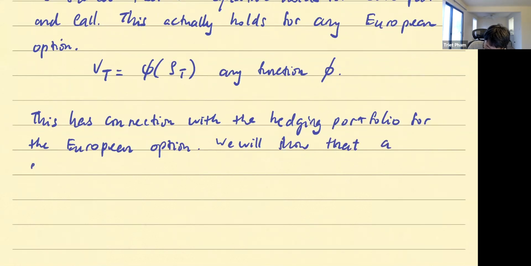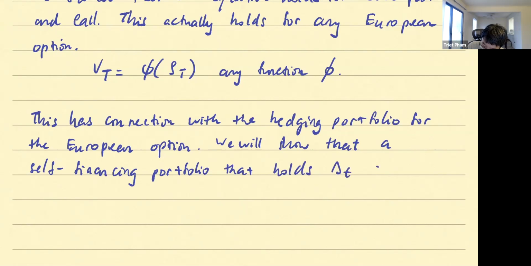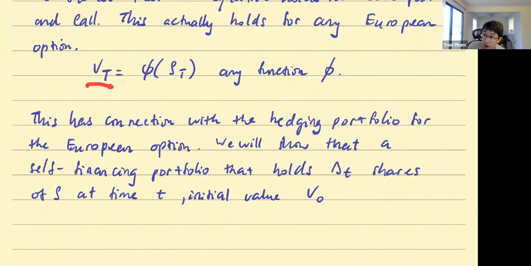is a self-financing portfolio that holds delta_t shares of S at time t, starting with an initial value V0, meaning the initial value is the value of the option at time 0.